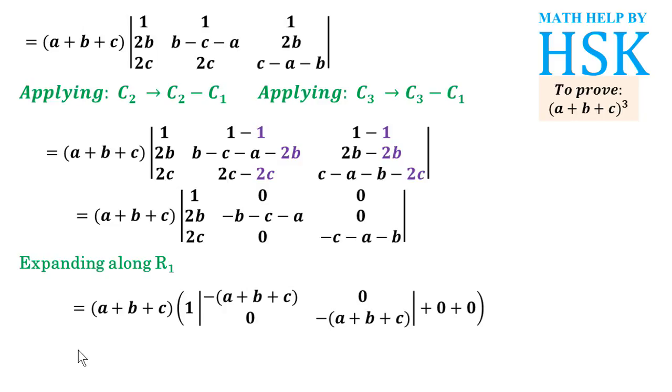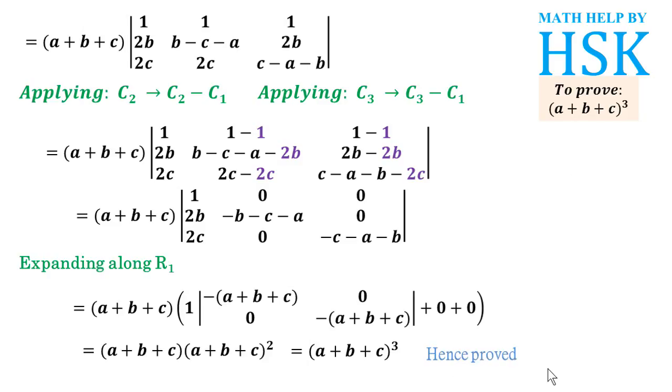On simplifying this determinant, this will be equal to (a+b+c) into (a+b+c) whole square, or (a+b+c) whole cube. So we have proved that the determinant is equal to (a+b+c) whole cube. This is how we prove the first part.